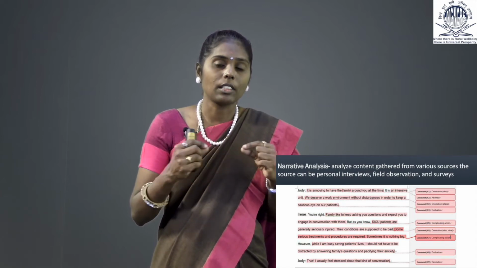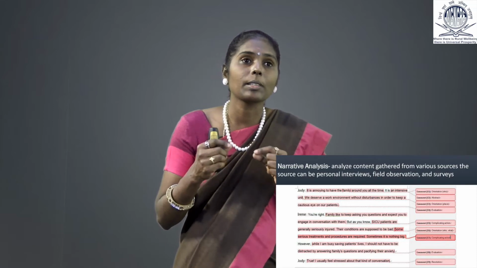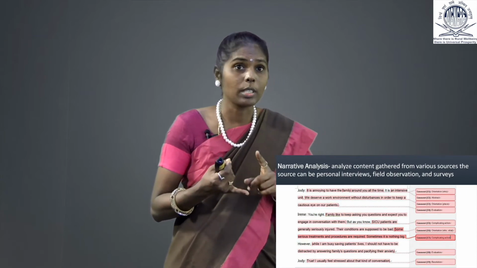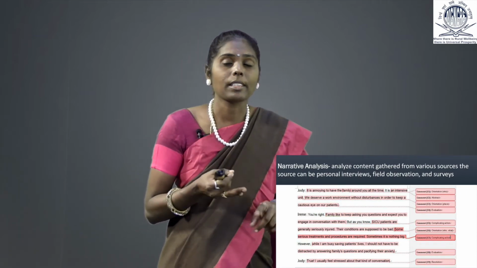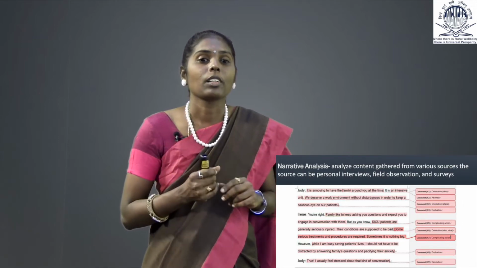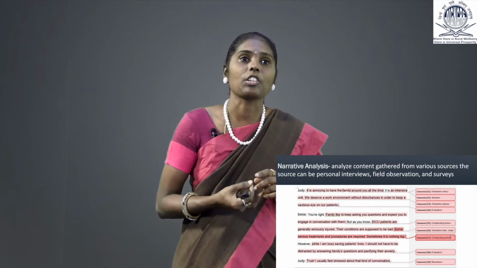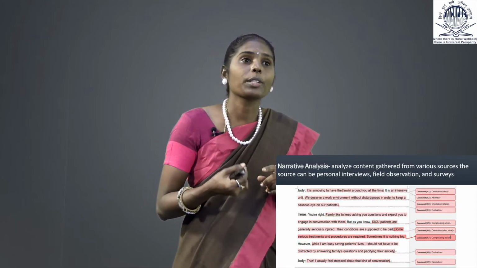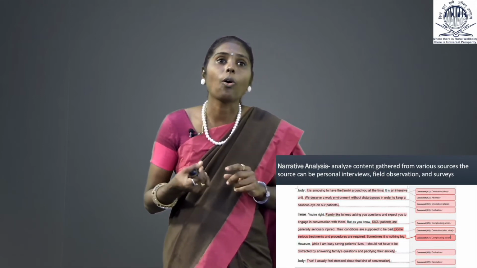In the first conversation, the researcher identifies that the way Jody is explaining his orientation is about whom. Then the researcher is able to identify an abstract in the communication, and it says something about evaluation: it is annoying to have the family around you all the time.